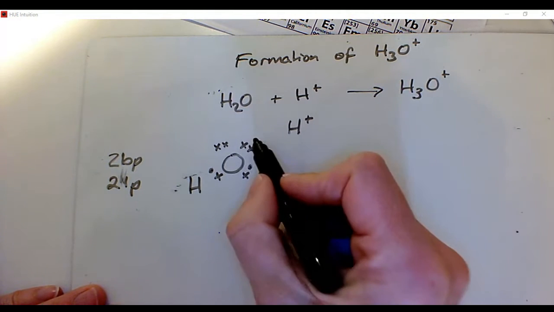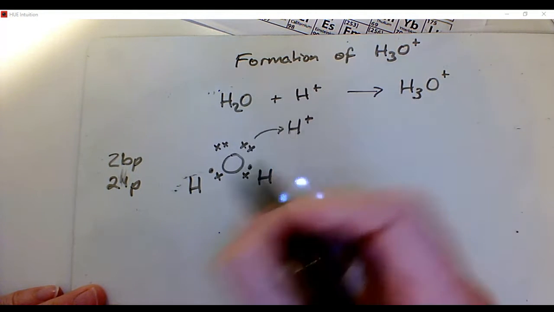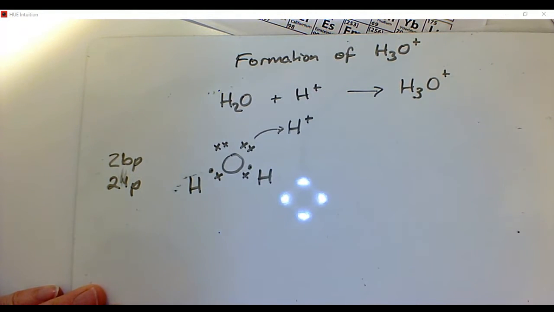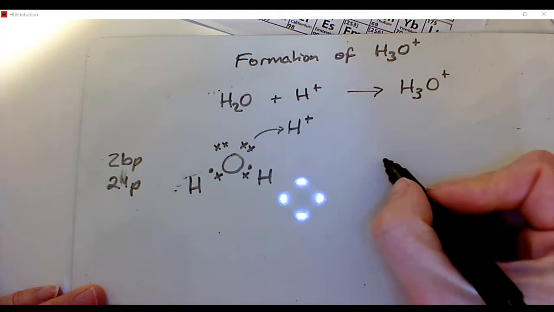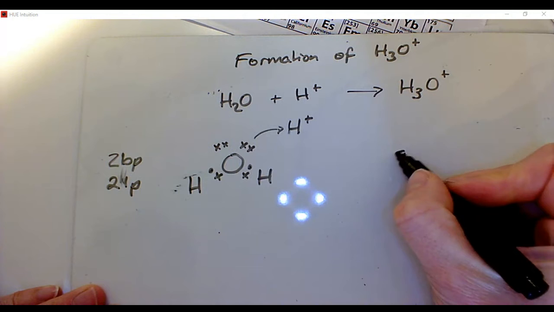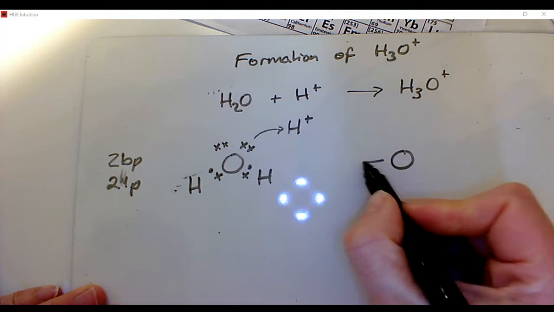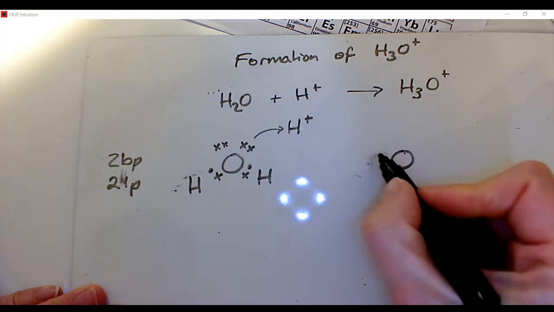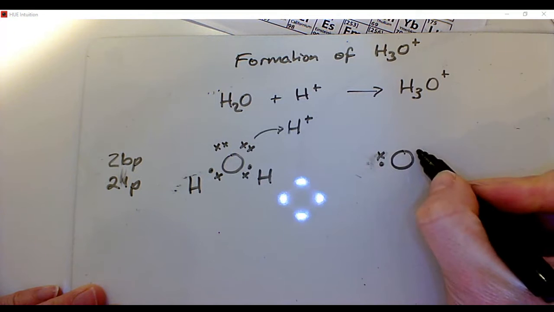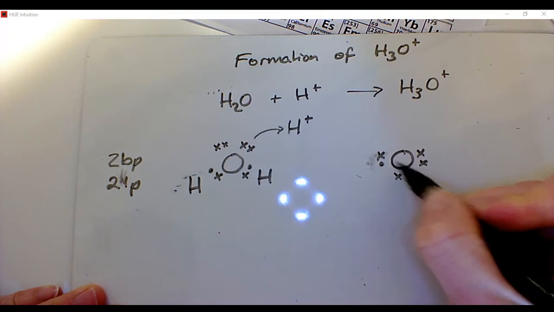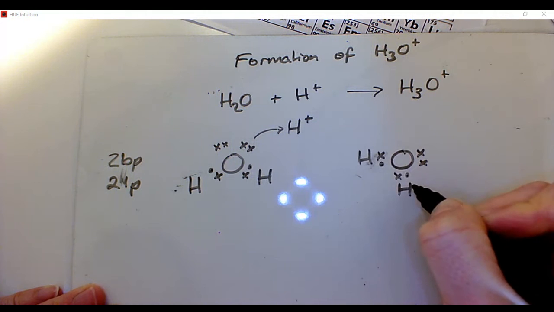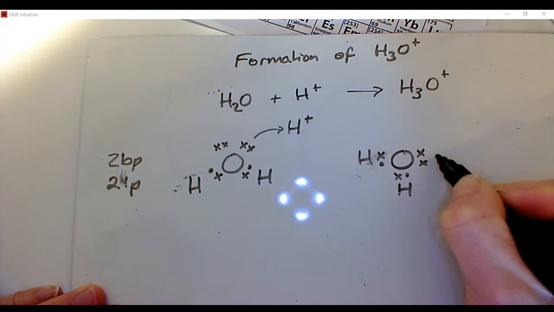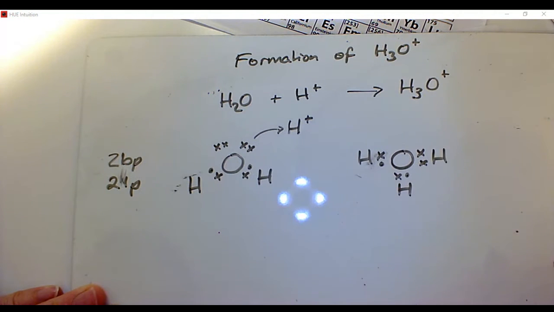So what happens here is that pair of electrons from oxygen will form a new covalent bond with hydrogen, and you end up with, okay, so you've got your regular covalent bonds, and then you've got your new coordinate bond.